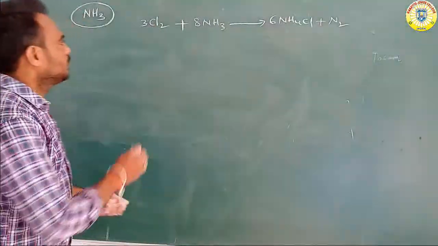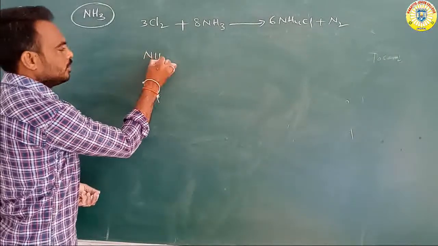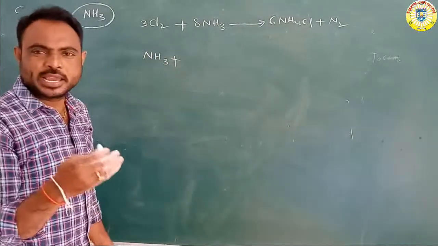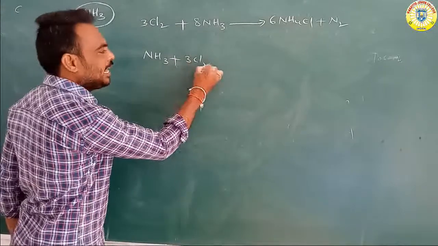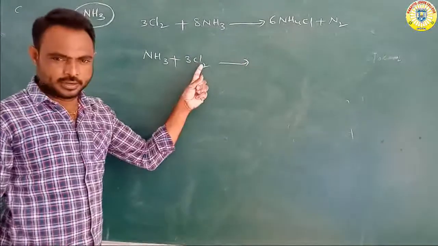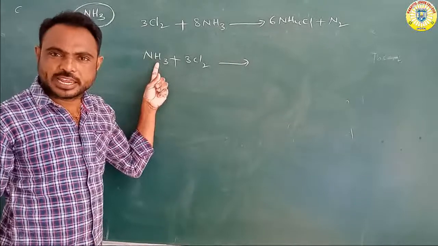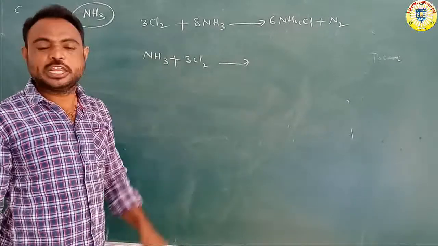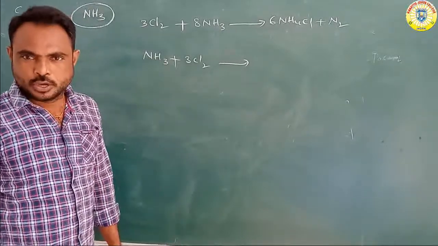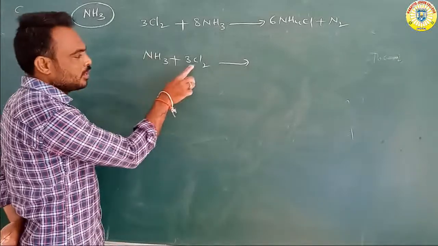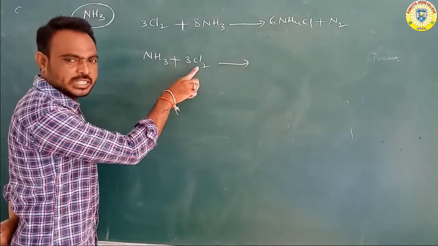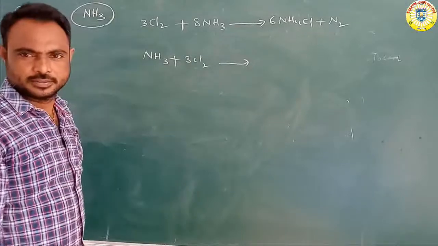Or suppose a low quantity of ammonia reacts with a high quantity of chlorine. To form in this reaction, how many chlorine atoms? 3 to just 6.